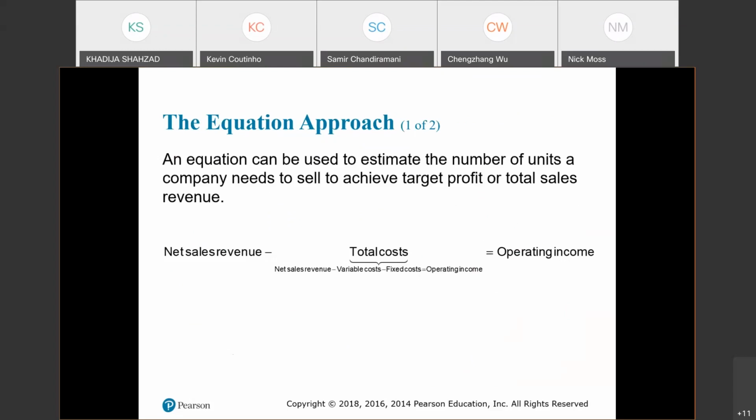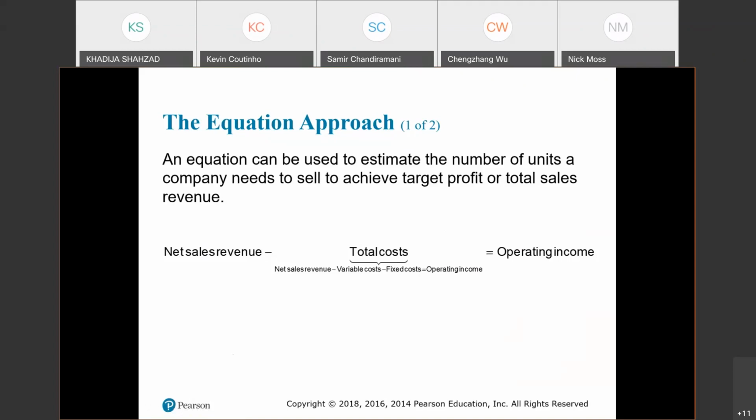Net sales revenue minus total cost equals operating income. And as I said, at the break-even point, the operating income equals 0. We can further break down this equation, because total cost, or the mixed cost, includes two parts, variable and fixed.